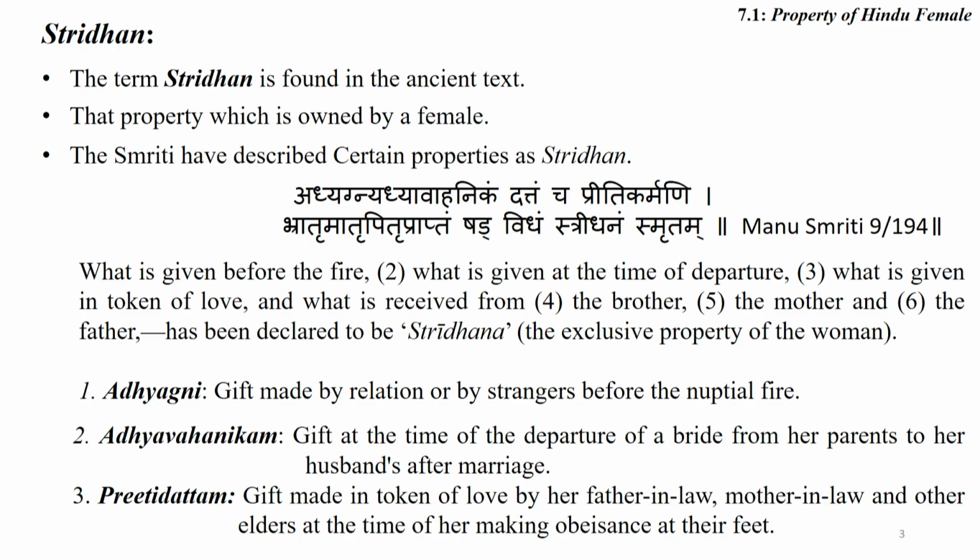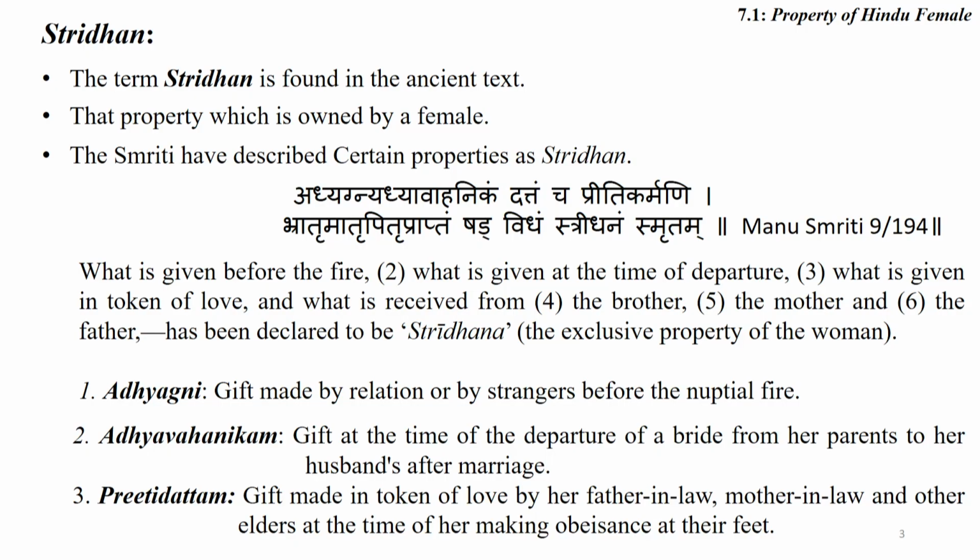We may explain the 6 varieties of Stridhan by identifying the different terminology of chapter 9, verse 194, because the verse is very clear. The first one is Adhyagni. Adhyagni means a gift made by a relation or by a stranger before the nuptial fire.